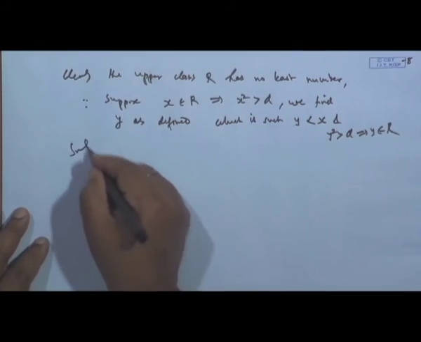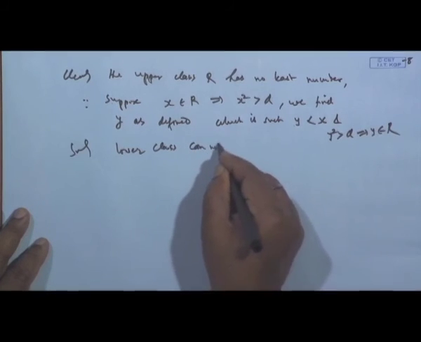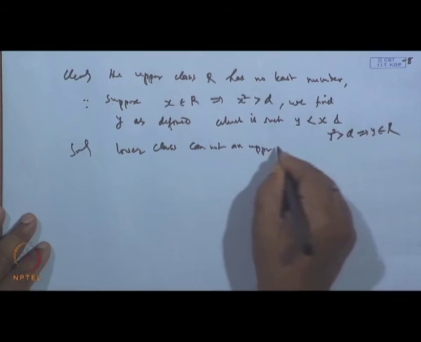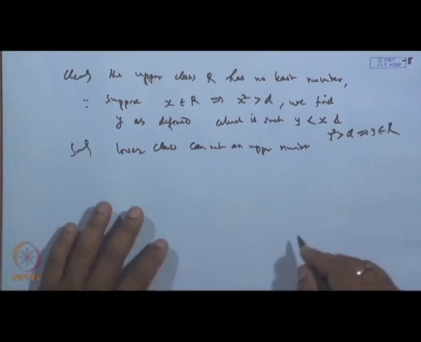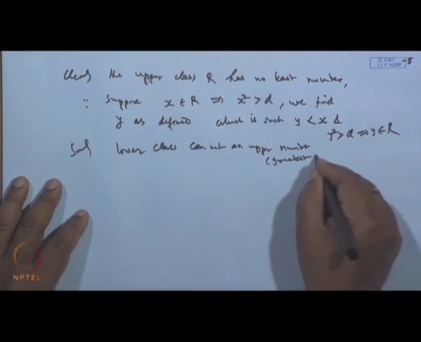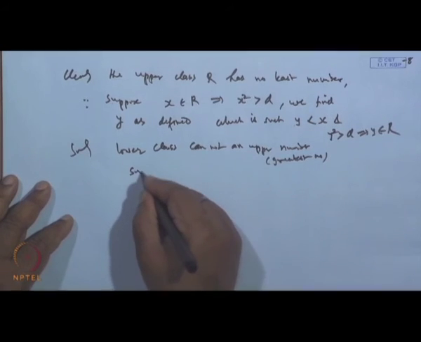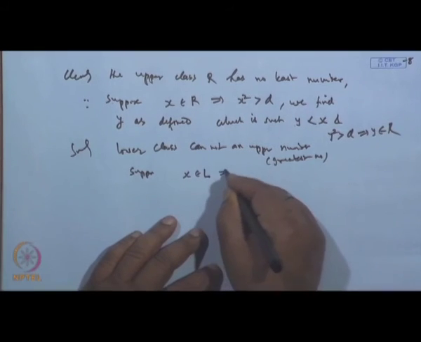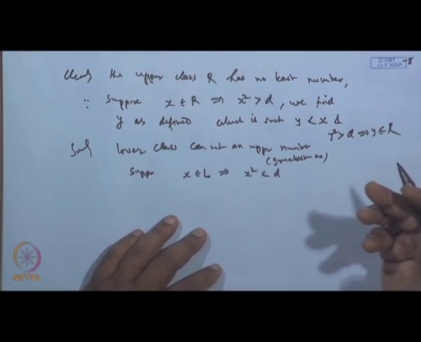Similarly, the lower class cannot have a largest number. Why? Because if suppose x belongs to the class L, then x square must be less than d, otherwise x will be in the upper class.